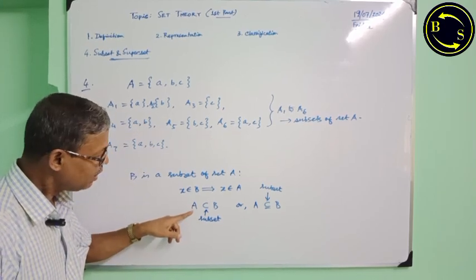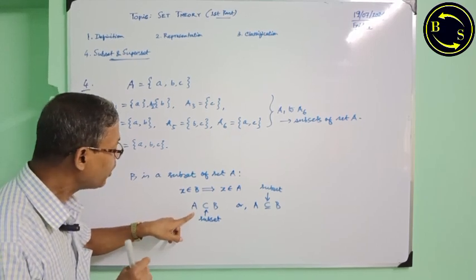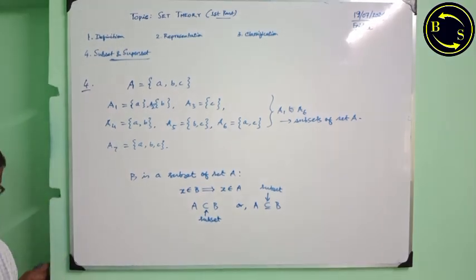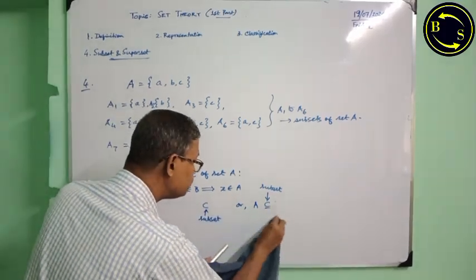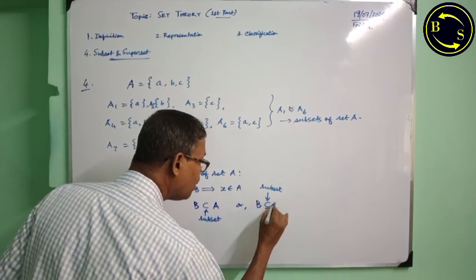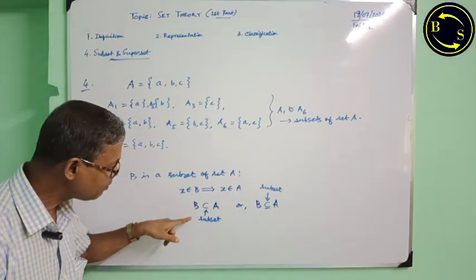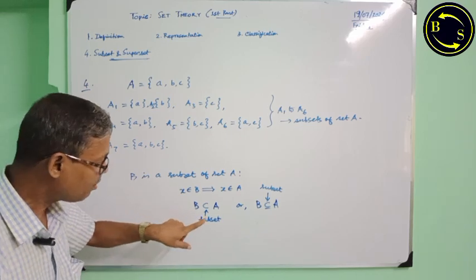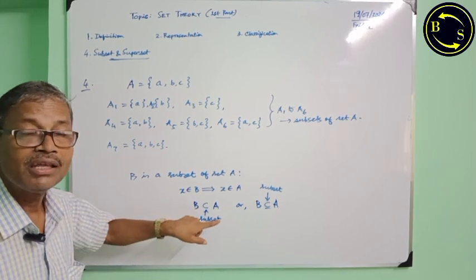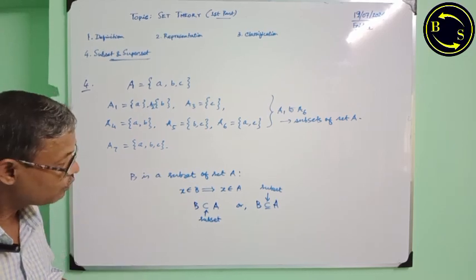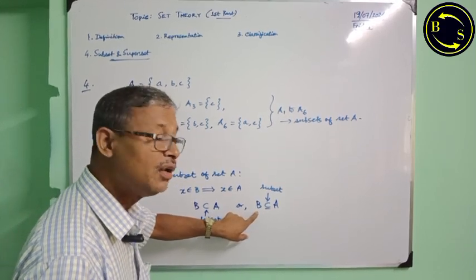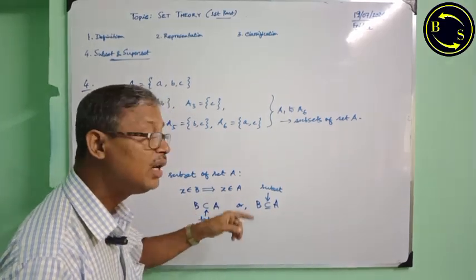When we use this, I have written here wrongly for this example, B is subset of A, when the number of members of set B will be less than the number of members of set A, then we call B a proper subset of set A. But when we don't know whether the number of members of set B is equal to the number of members of set A, then we call it improper subset.